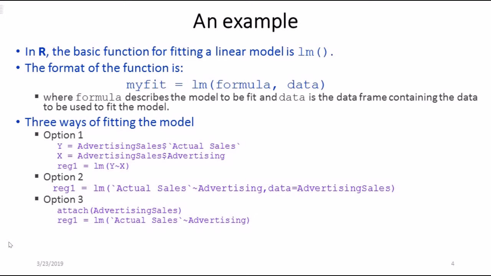In option 2, the column names or variable names are used directly without the name of the data frame, and the name of the data frame is then given in the second argument to the function. In the last option, we attach the data frame so that later on we can refer to the columns directly.